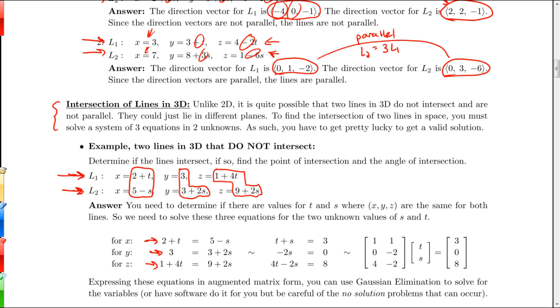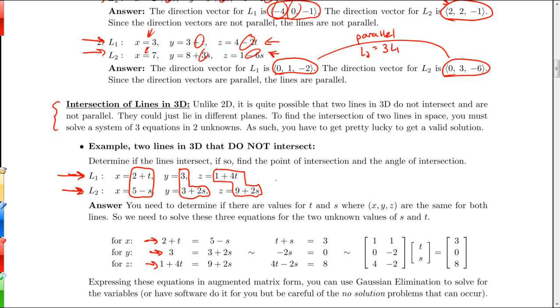And by the way, I use t and s. They're different parameters. I don't want to use the same parameter for each line because they are distinct lines, and so I don't want to use t for both of those, because then all you'd have are t's. You need to figure out the value of t and the value of s when these things hit.